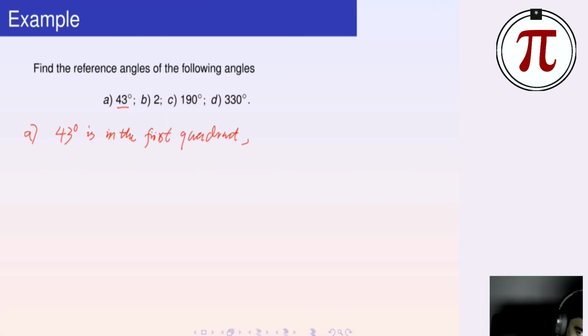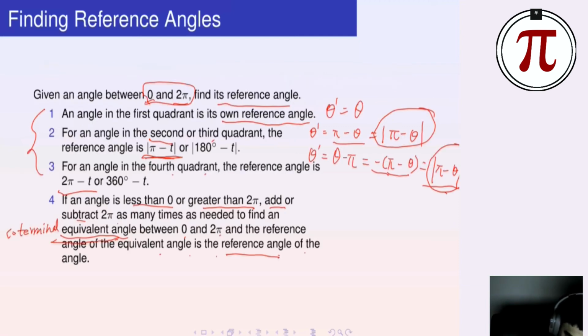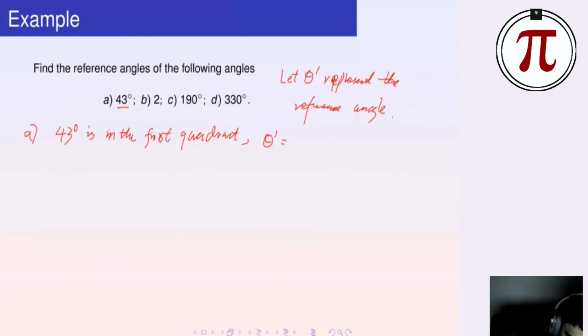I'm going to let theta prime represent the reference angle. Then theta prime is simply what? If it's in the first quadrant, it's its own reference angle, theta prime equals 43 degrees. Okay, now B.